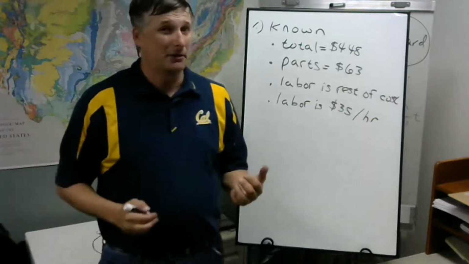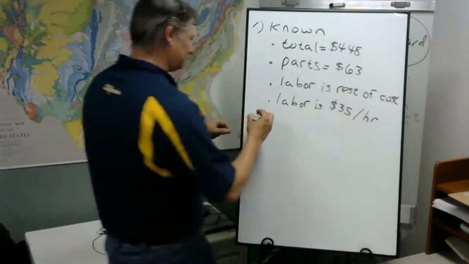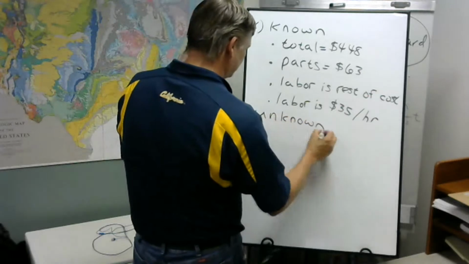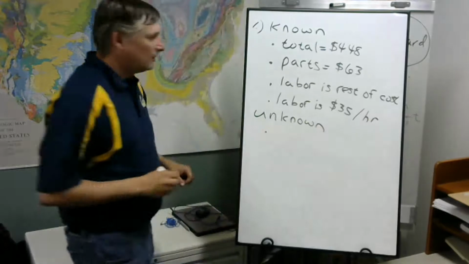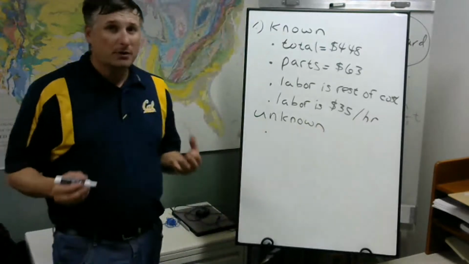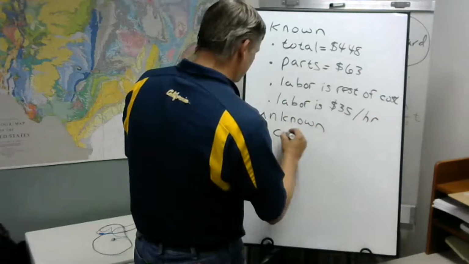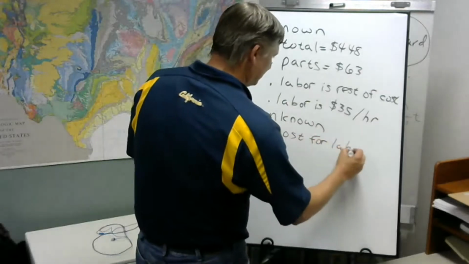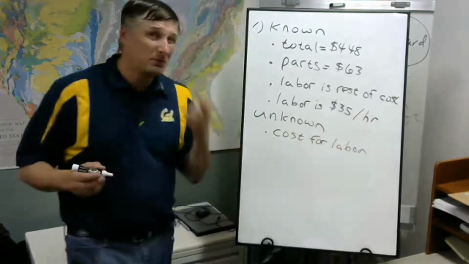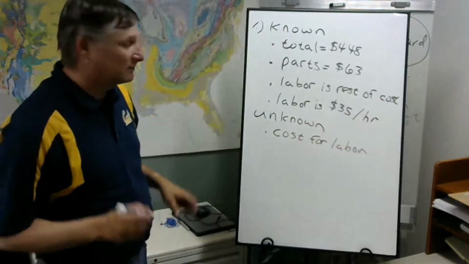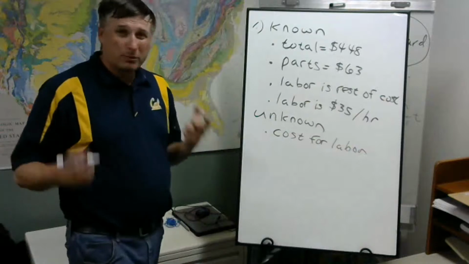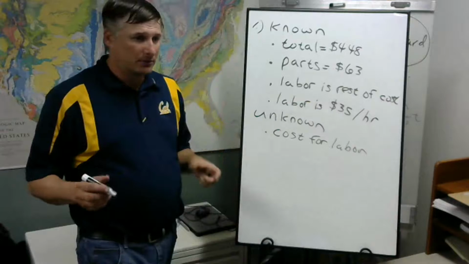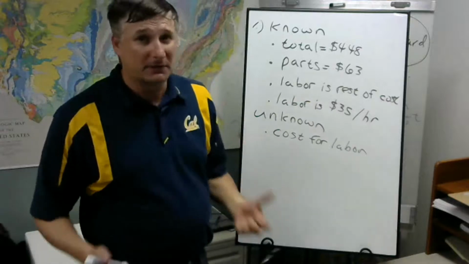So what do we not know? Well, we don't know the cost for labor. We definitely don't know that, though it wouldn't be too difficult to figure out, actually. And we'll get to that. But what we're looking for, what they're asking us, and this is the big unknown, they want us to find out how long it took to fix the car.